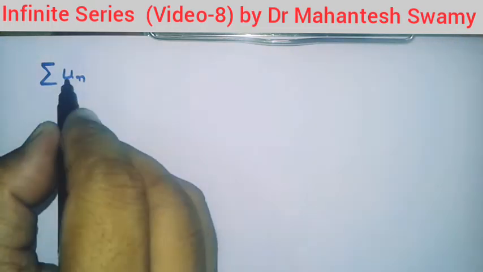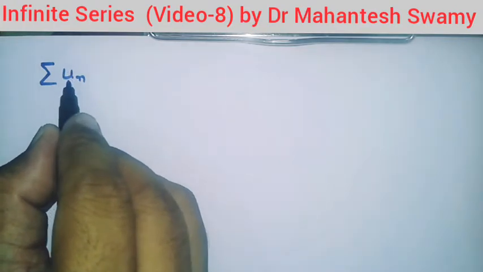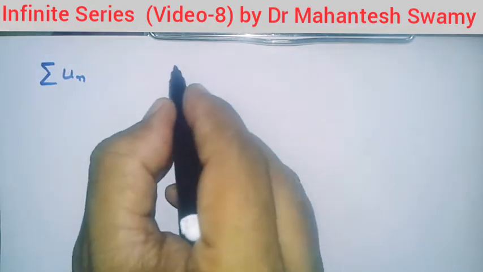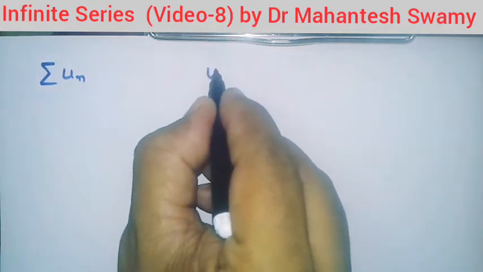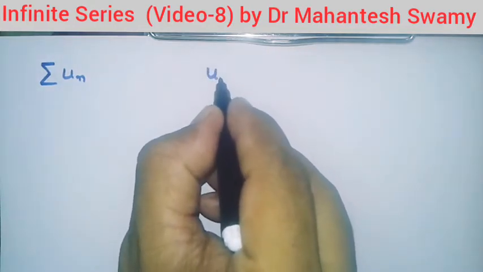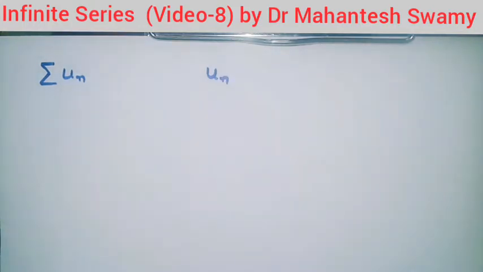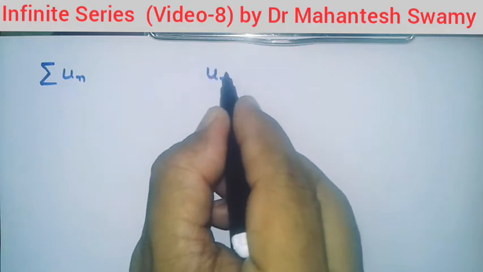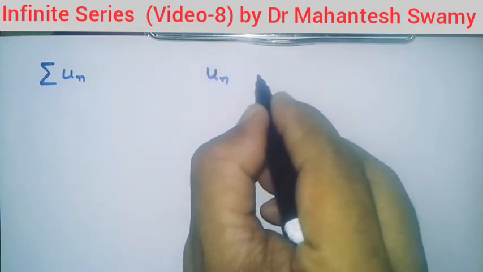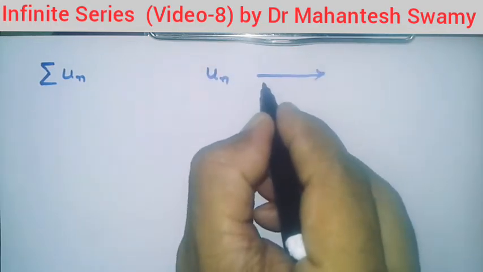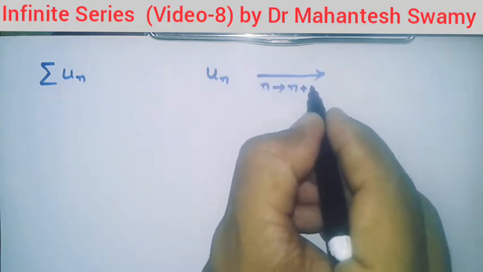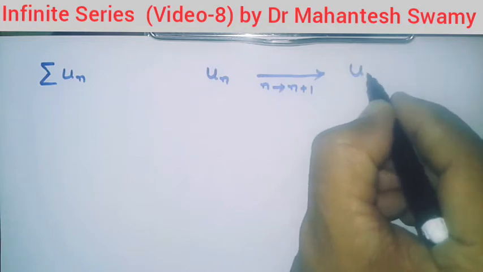So first, what should we do? We should consider the nth term of the given series. First let us write down un, and in the nth term so obtained, replace n by n plus 1 to get the n plus 1th term.